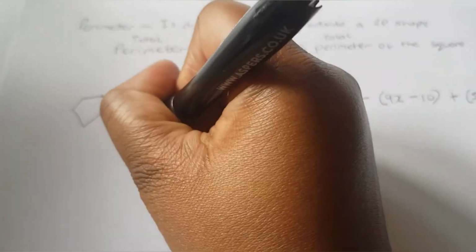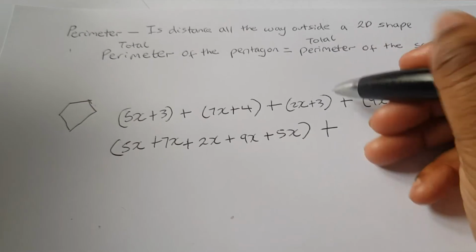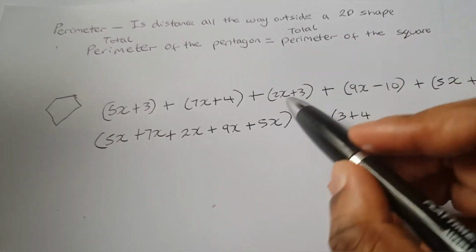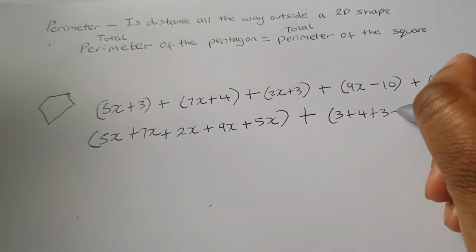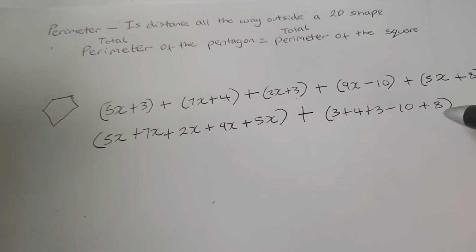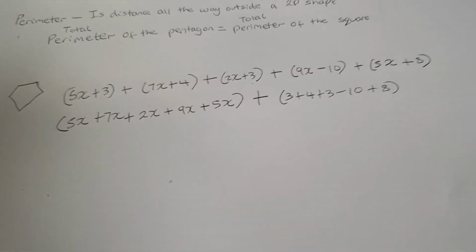Then add the numbers: 3 plus 4 plus 3 minus 10 plus 8. So I'm going to simplify this algebraic addition.